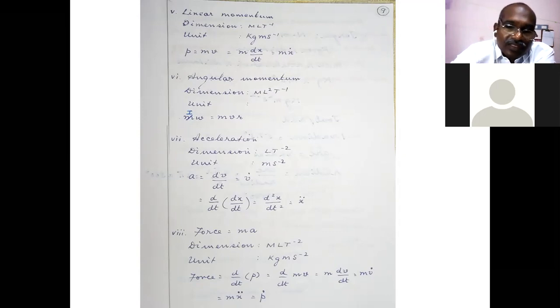And I have already been informed that the ceiling fan or a table fan is an example for a body having angular momentum, a rotating body. In the case of angular momentum, we cannot speak of any velocity because it is not moving anywhere. It is in its own place and the body is rotating about its axis.